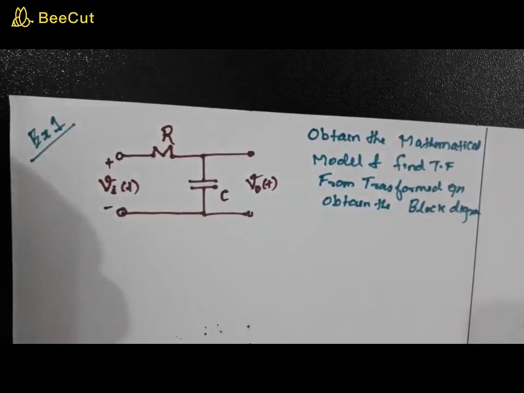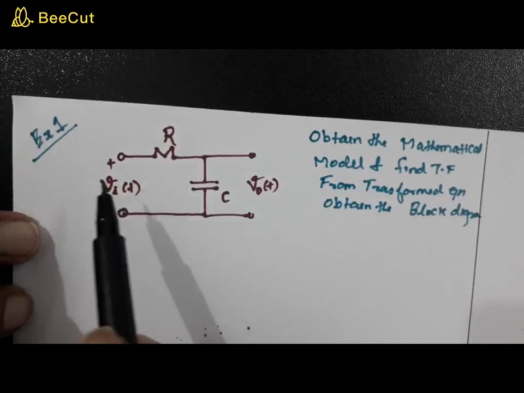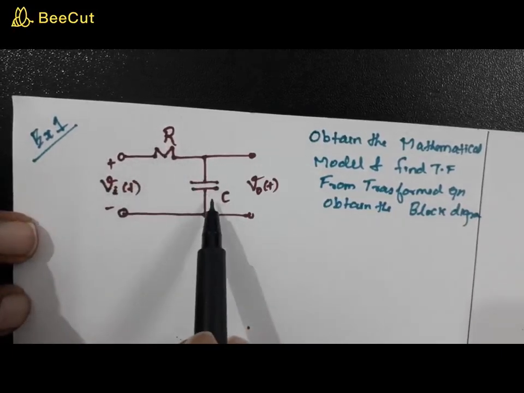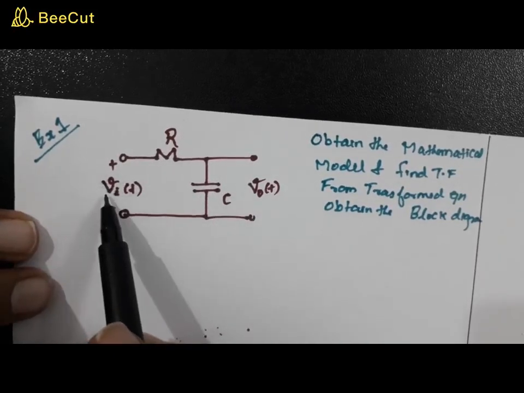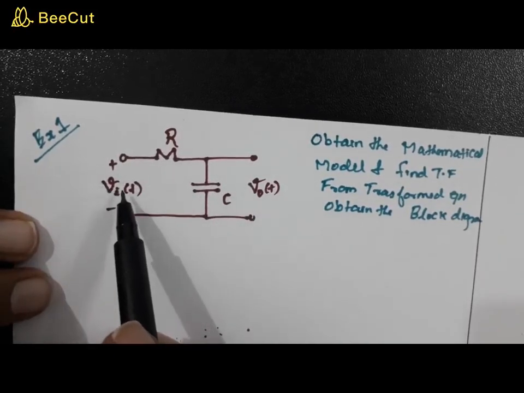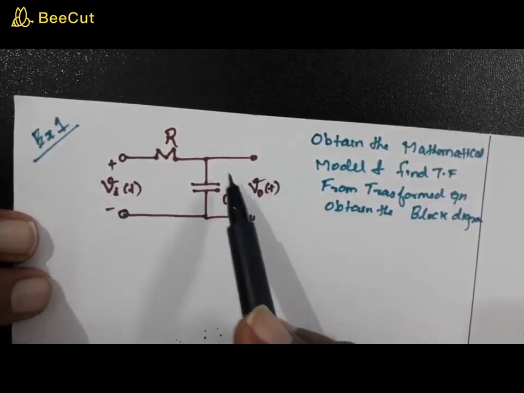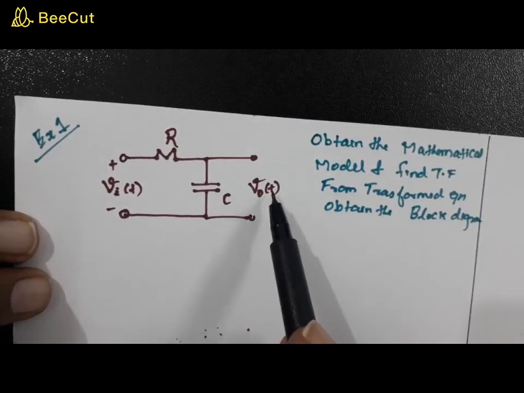Okay, now let us have a closer look at this network. It consists of a resistance R and a capacitance C, right? You are giving the input, let this be small Vi of t, the input voltage, and the output you are taking across the capacitor, denoted by small V naught of t.